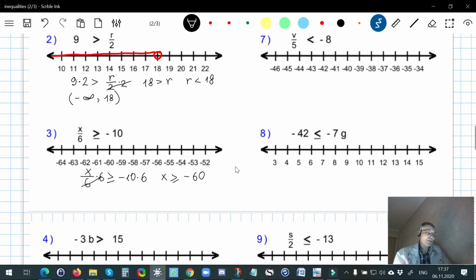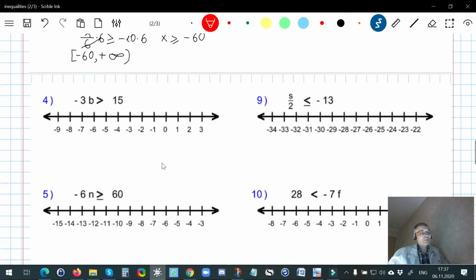So it will be to the right from this number, and to write interval notation, I get this: negative 60 closed and stretching right to positive infinity. I have to graph it finally, as my point is included. In other words, my interval is closed from this end. I draw a solid circle and go to positive infinity.